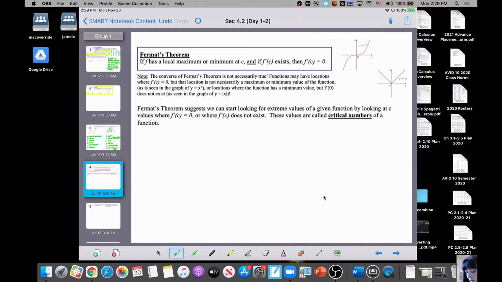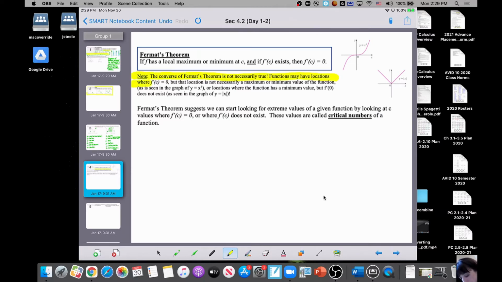Okay, so that should make sense, right? Because if we have a local max or min, that means we have a turning point. And if we have a turning point, that means that the value of the derivative should be 0 at that location. But it says, note, the converse of Fermat's theorem is not necessarily true.